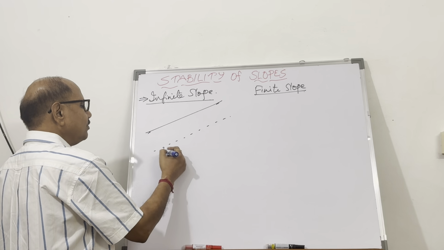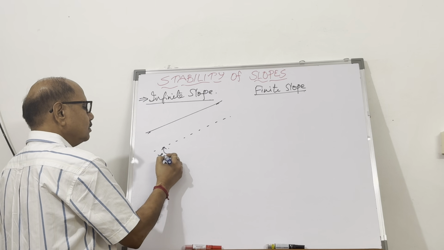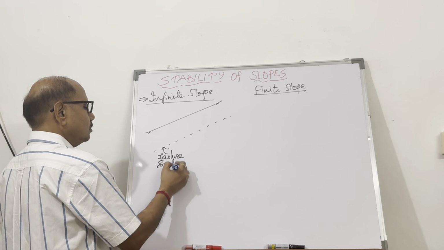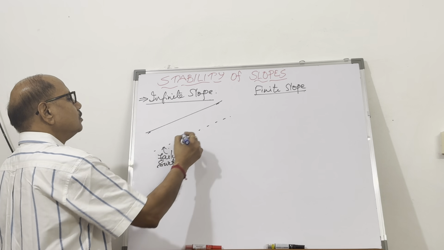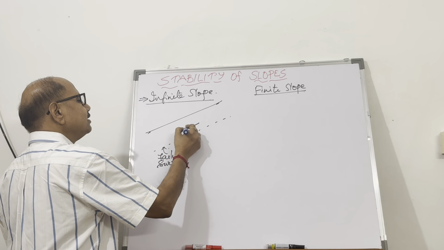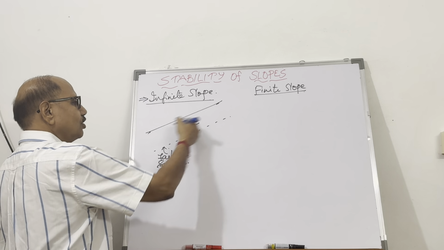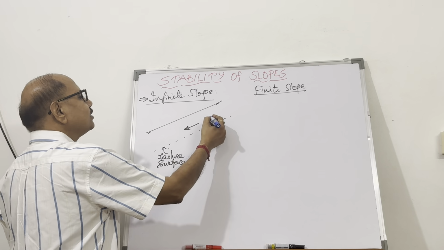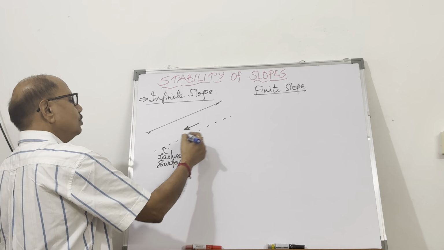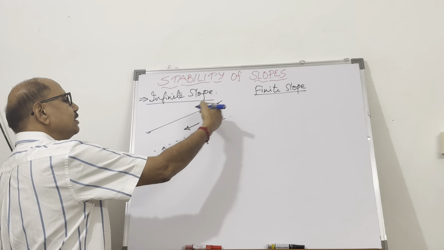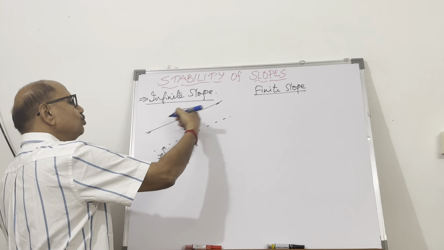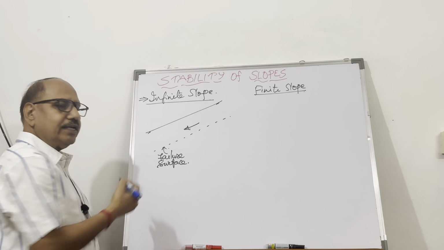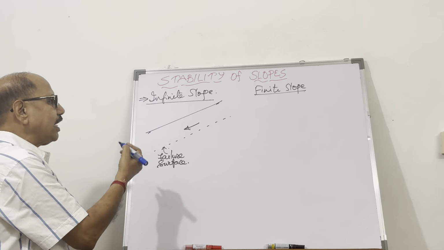And there is the failure surface, and during the landslide, this chunk of mass is going to move in the downward direction. If it is going to move in the downward direction, the gravity tries to pull it down, leading to landslides.